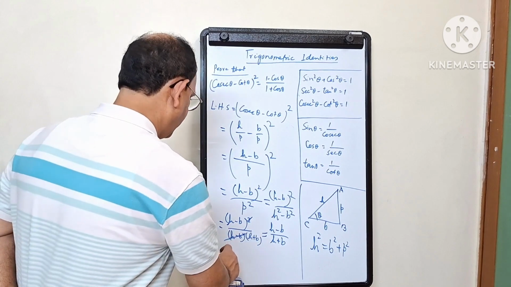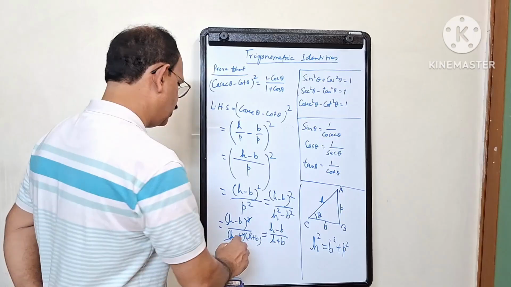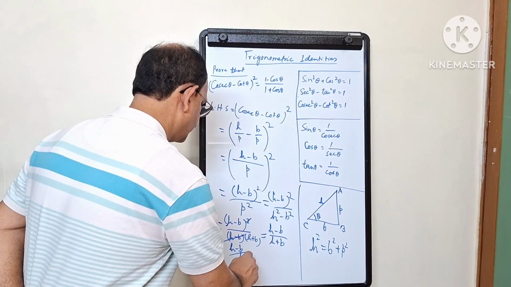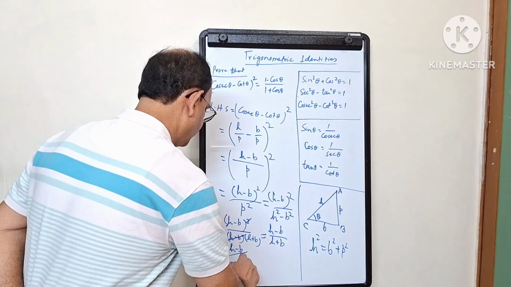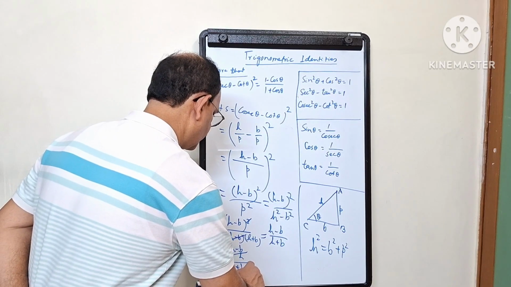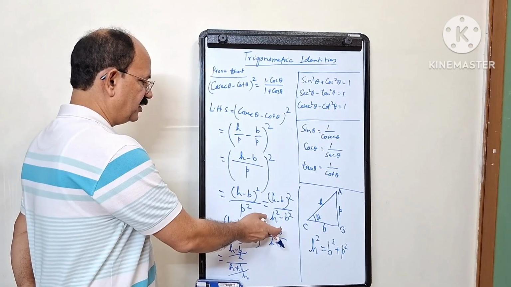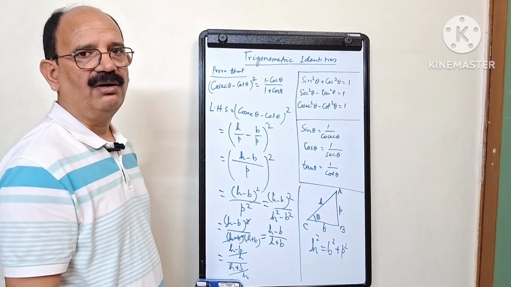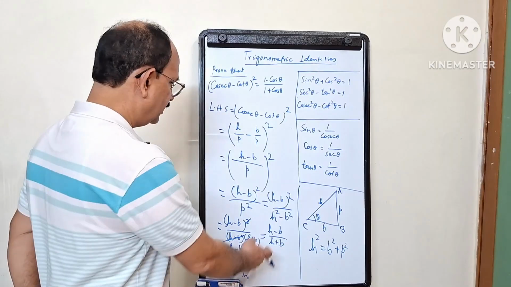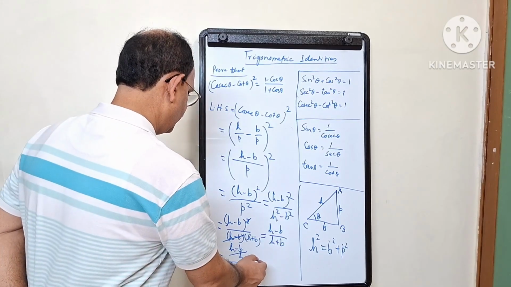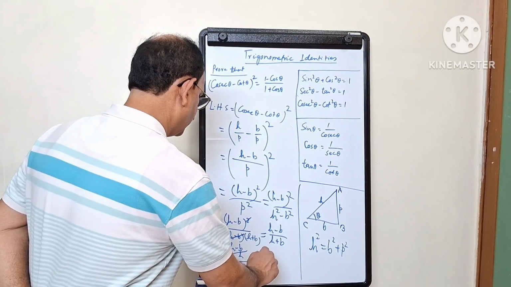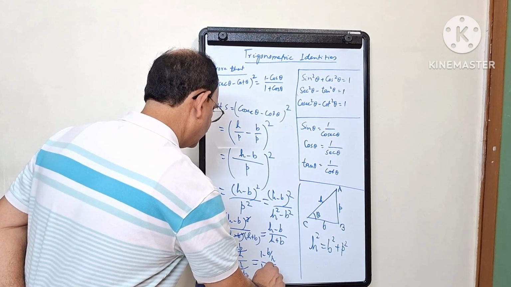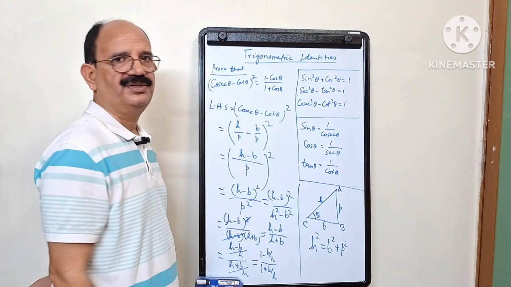And if I divide the numerator and denominator by h, I can write it this way: h minus b upon h and h plus b upon h. Because if I divide the numerator and denominator with the same quantity or number or variable, then there won't be any change, right? So then h by h will be equal to 1, minus b upon h divided by 1 plus b upon h. Simple division.